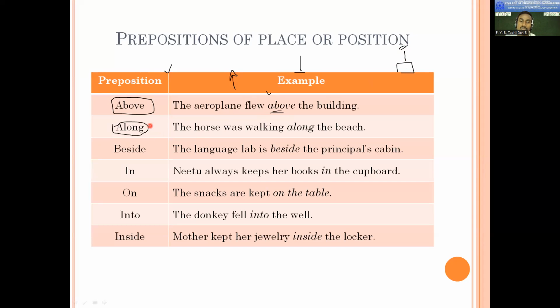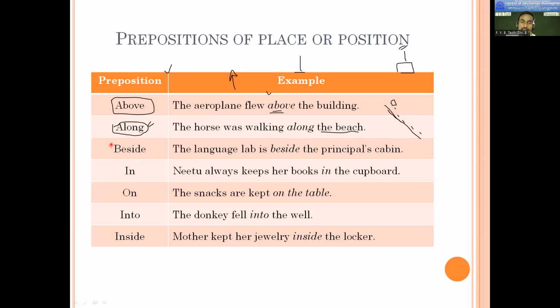So the horse was walking along the beach. Here you can see, if this is the direction of the beach and here is the horse, and the horse is walking along the beach, it means that the horse is walking in this direction. In that case we can say the horse was walking along the beach.